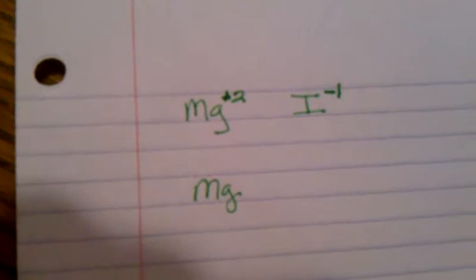And what this means is that in magnesium's outer shell, let's pretend my symbols represent my nucleus, it has 2 electrons that it wants to give away. These are called dot diagrams. I don't know if you'll ever have to make these or not.